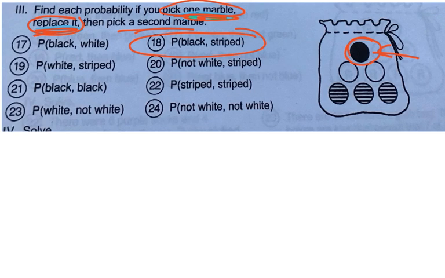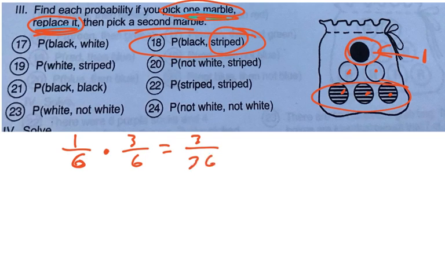So the chance of getting the black is one black out of 1, 2, 3, 4, 5, 6 total marbles. So that's 1 out of 6. We're going to times that with, what about striped? Well, if we look right here, there are 3 striped out of the 6. So we're going to say 3 out of 6. Timesing straight across, I get 3 out of 36.